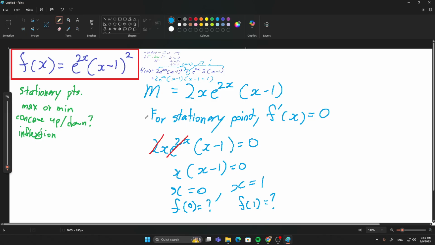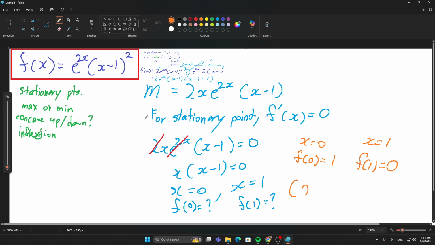So I have ln 2 times 0 minus 1 squared. So, I'm just going to use a different color. So when my x equals to 0, f(0) equals to 1, and then when my x equals to 1, my f(1) equals to, let me just compute, 1 minus 1 is 0, so you essentially get 0.